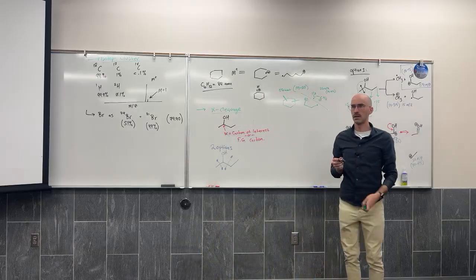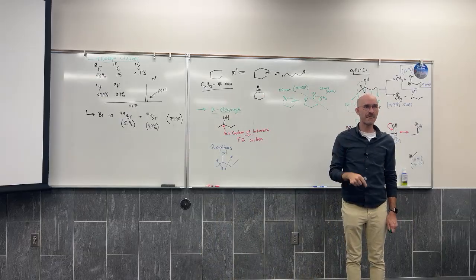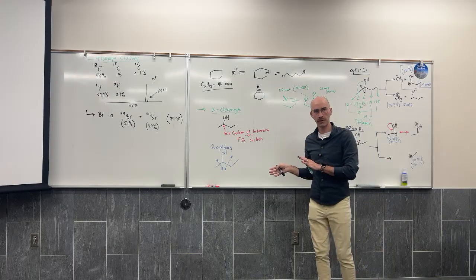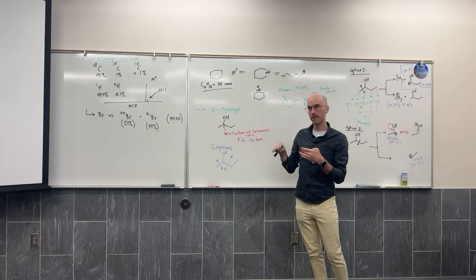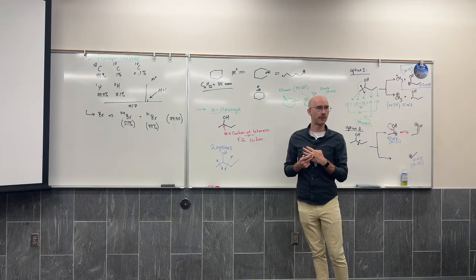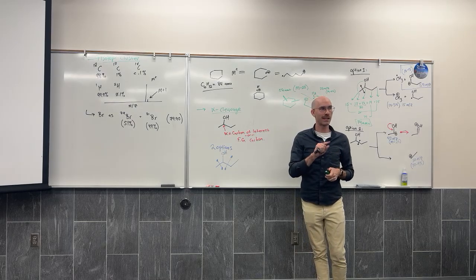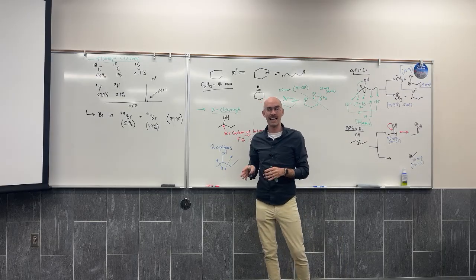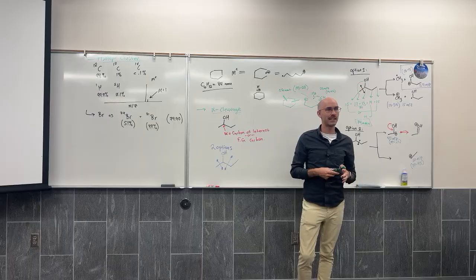Bromine never has an atomic mass of 80, despite the periodic table rounding up to say that bromine on average has a mass of 80. Bromine never has a mass of 80. Bromine half the time has a mass of 79, and half the time has a mass of 81.